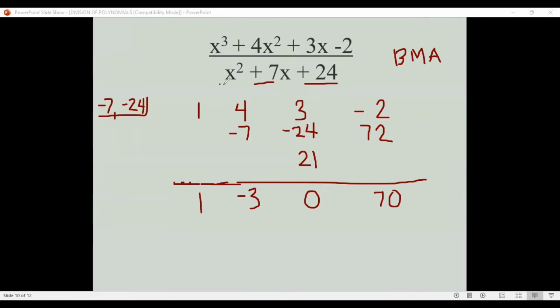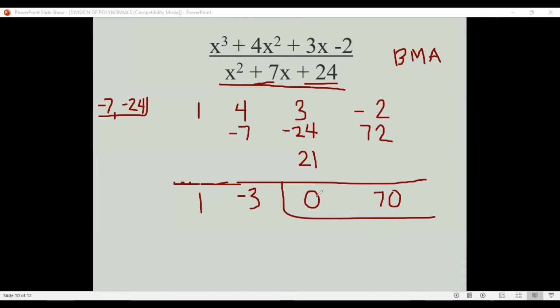Remember, we are now dividing by a trinomial. So the remainder should be a binomial, which means that the last 2 terms here pertain actually to your remainder. It's just that if you notice this one, you simply have 0. Therefore, we simply have a constant 70.